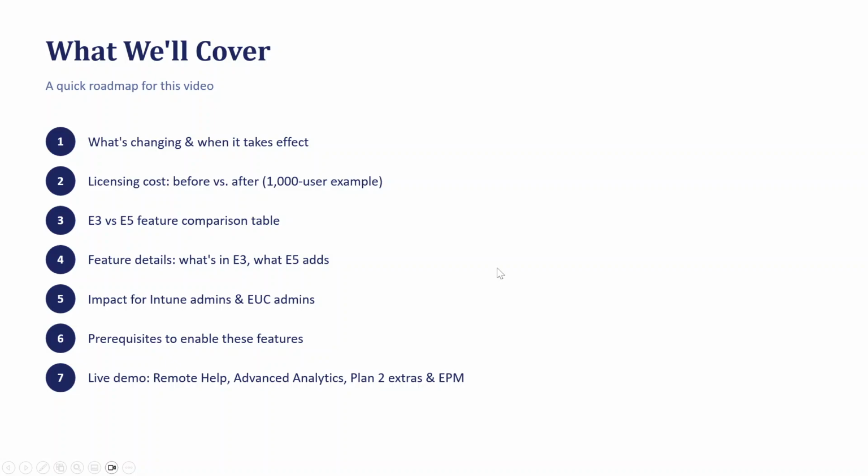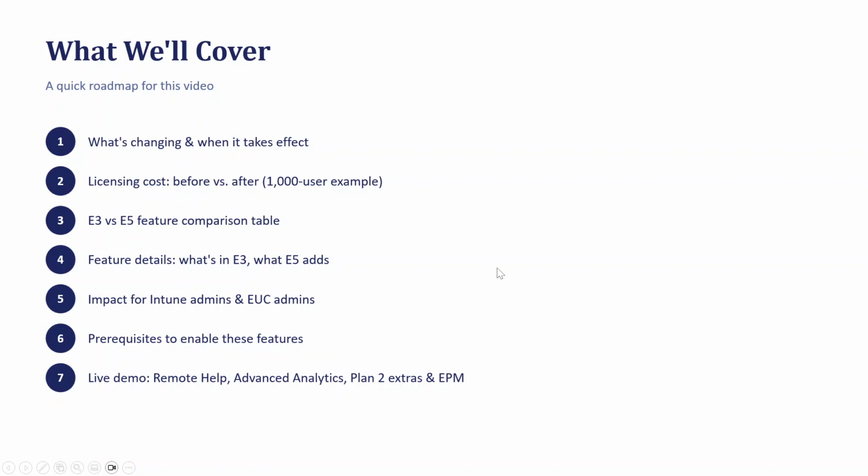We will take a 100 user example. If an organization has 100 users, how much cost will the organization save with this change? E3 versus E5 feature. This particular change is not only for the E3 bundle, it's for both E3 and E5.